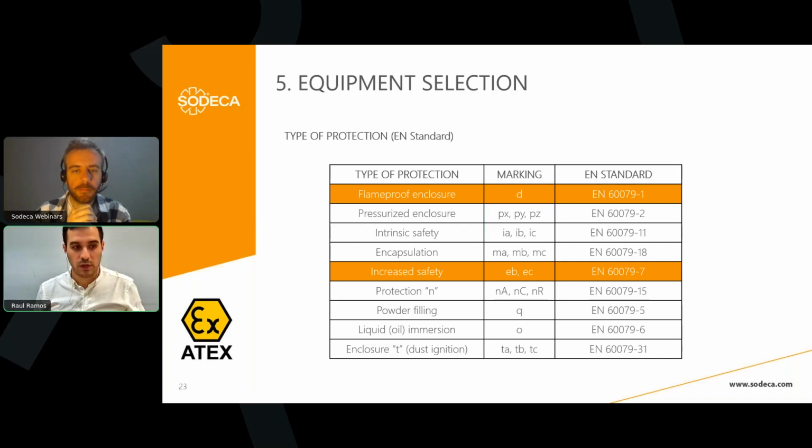So the flame-proof enclosure indicates that we have an enclosure that protects the equipment from an explosion, so they cannot explode when an explosion can occur.